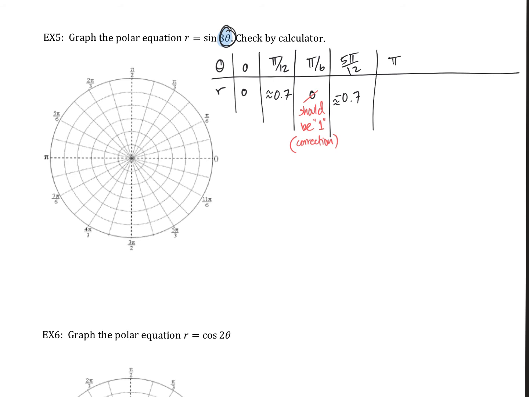So let's plug in these ones, and if we need any more, we'll go back and fill in a few more. Once again, the pi over 12 will give us that pi over 4 when it cancels with the 3 times theta, and then we'll end up with approximately negative 0.7. And then we could do 2 pi over 3, which would give us 0.